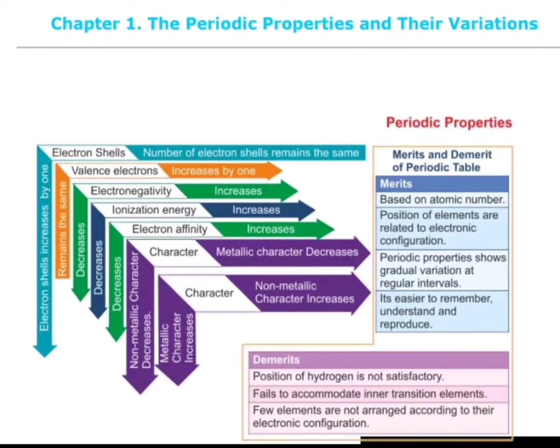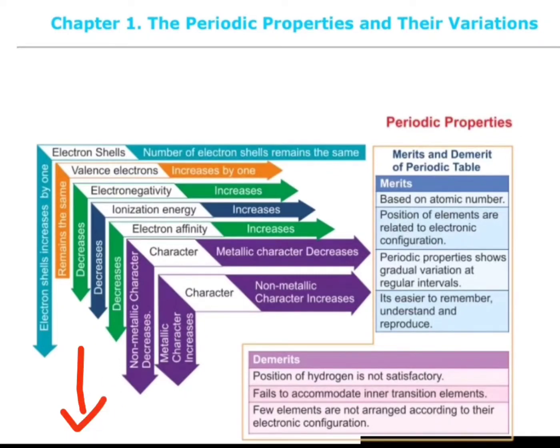Second, valence electrons. In any group, when the number of cells increases, there is no change in the number of valence electrons. The same number of electrons will be available in the valence cell of the same group.